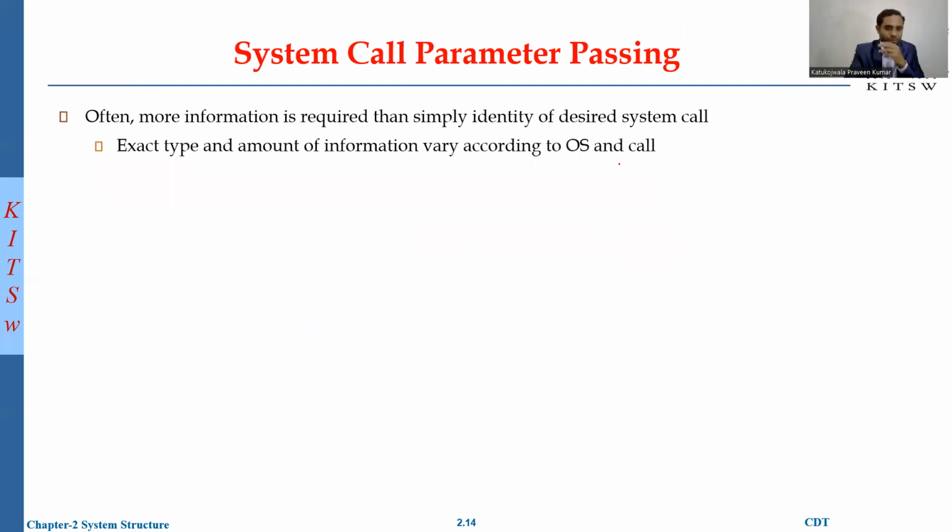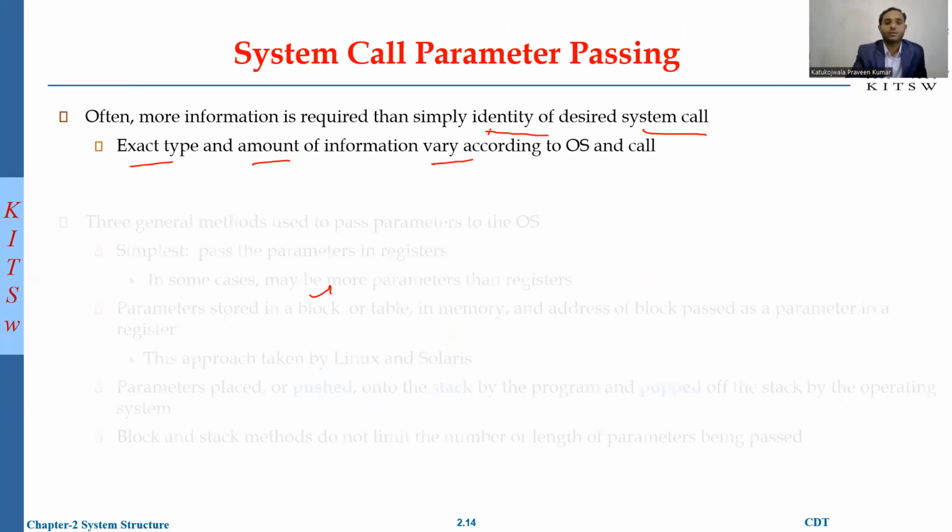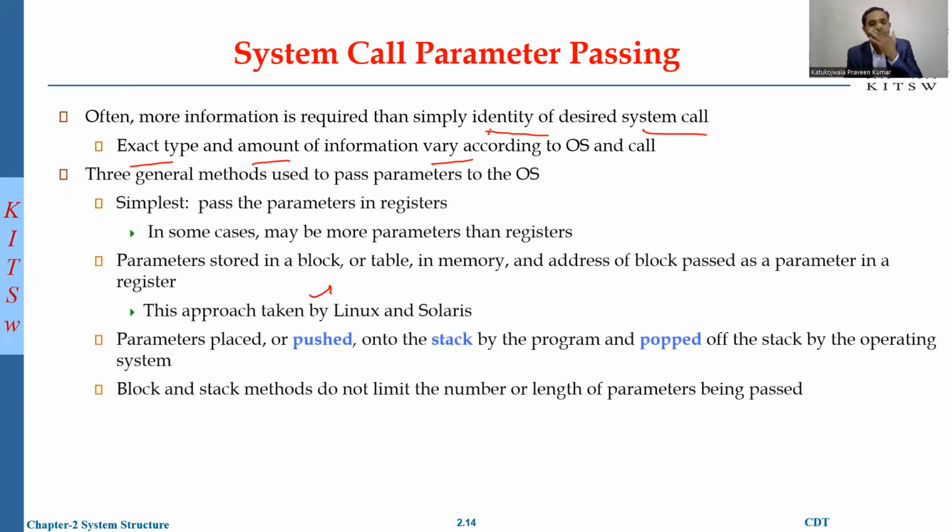System call parameter passing. Often more information is required than simply the identity of the desired system call. The exact type and amount of information vary according to the OS and its call. Three general methods are used to pass parameters to the operating system.